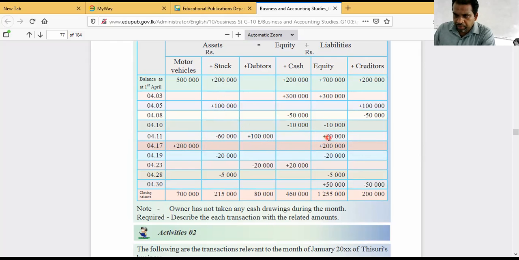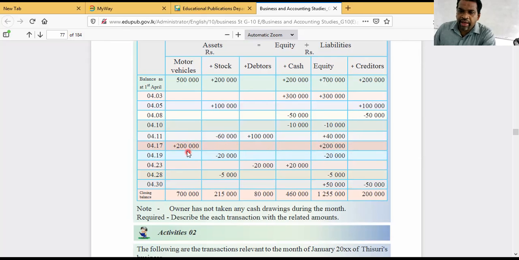of 40,000 rupees. Next transaction, 17th April, 200,000 plus under motor vehicle, 200,000 plus equity. That means they have got a motor vehicle worth 200,000, but they haven't paid anything in cash. But there can be an increase in equity.